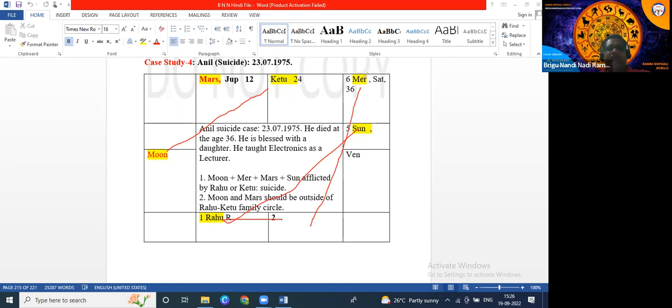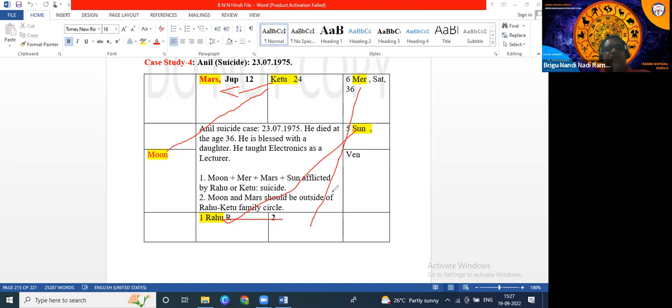So now Rahu is aspecting Mercury, and already Ketu is aspecting Moon. Mercury, Moon completed, and Mars. Mars is already connected to Ketu because Ketu aspects the second house anti-clockwise. So here Mars and Moon are under the control of Ketu, and Mercury and Sun are under the control of Rahu.